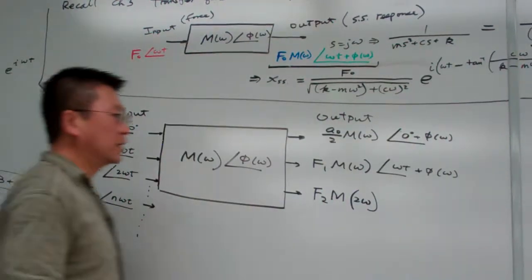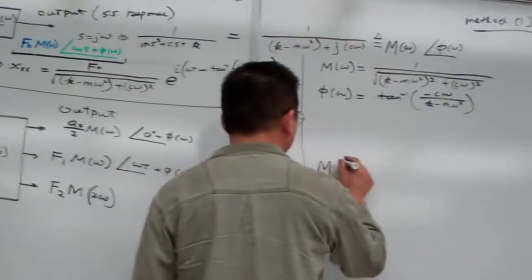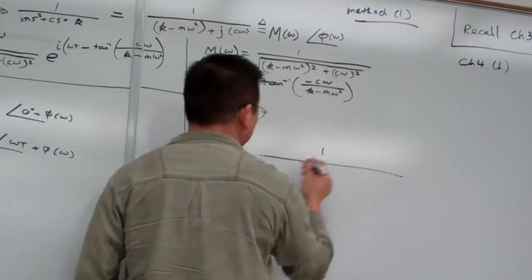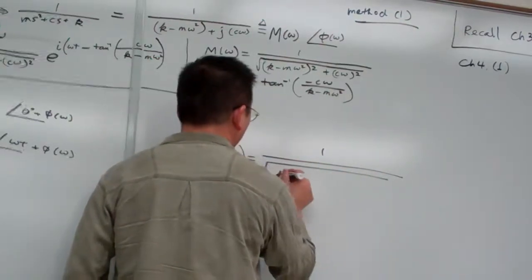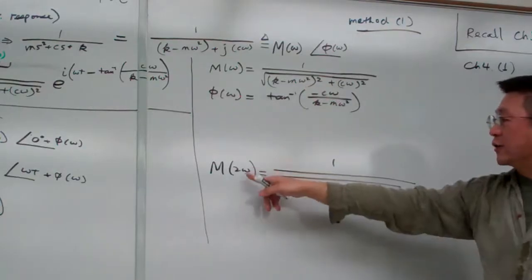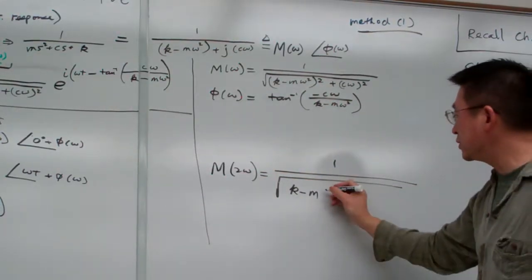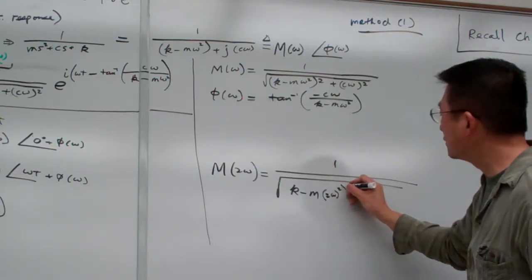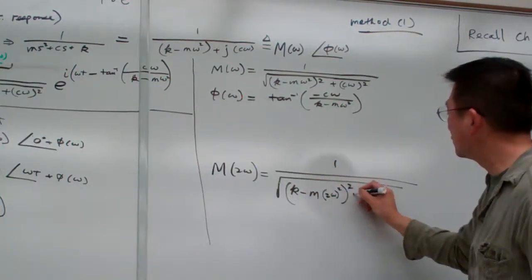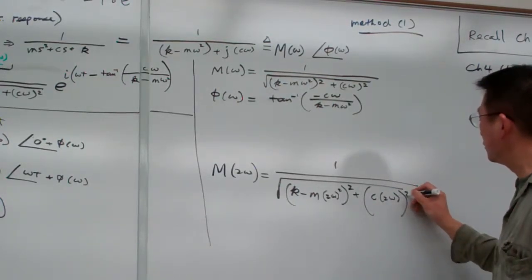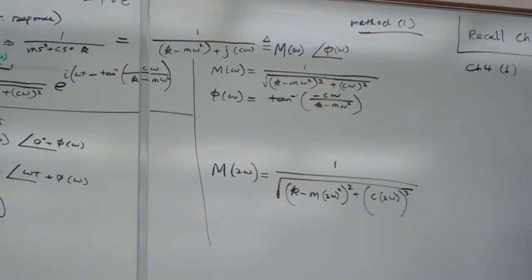What that means is M(2 omega) using this template is simply this: k minus m u squared, because that's a function of omega. So right now this is 2 omega; you simply replace omega by 2 omega here. You good?